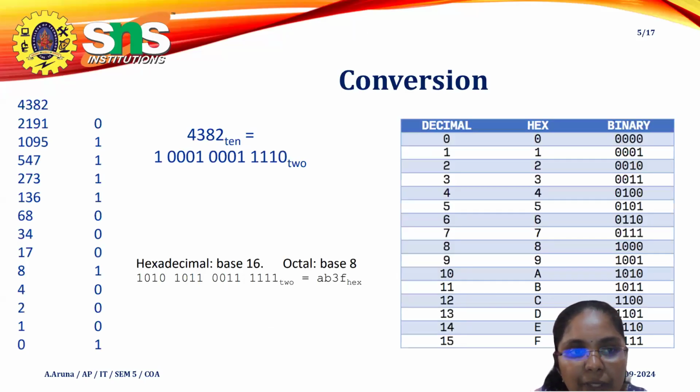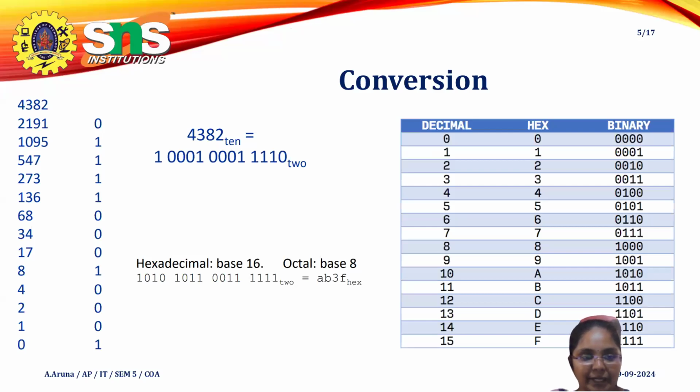We know how to convert a binary number to a decimal number and a decimal number to a binary number. Usually in our computer, we first give only a decimal value, which is converted into a machine value. The machine value is again converted into hexadecimal while storing the data in the processor. This is how the logic works. For example, 4382 is my base value. I convert it into binary, so I divide it by 2. The quotient is 2191, remainder 0.